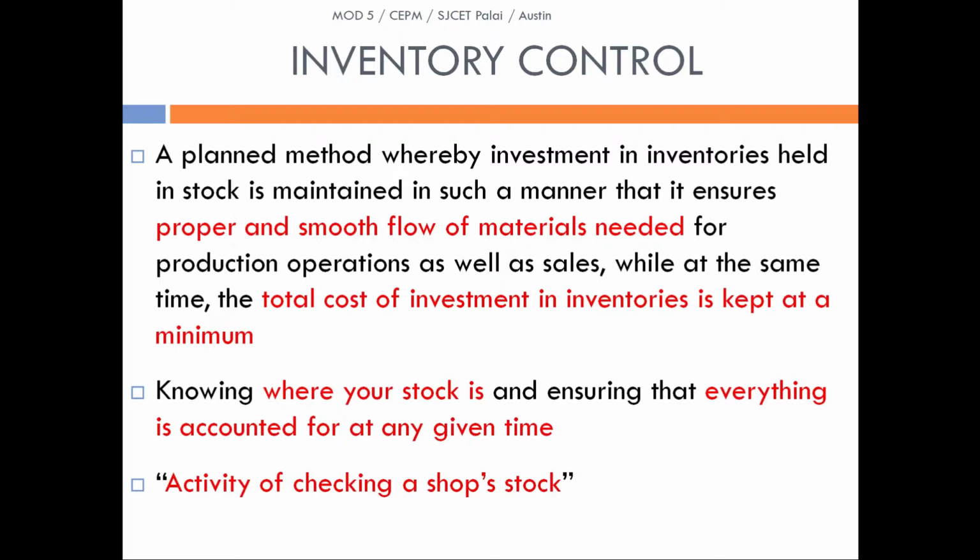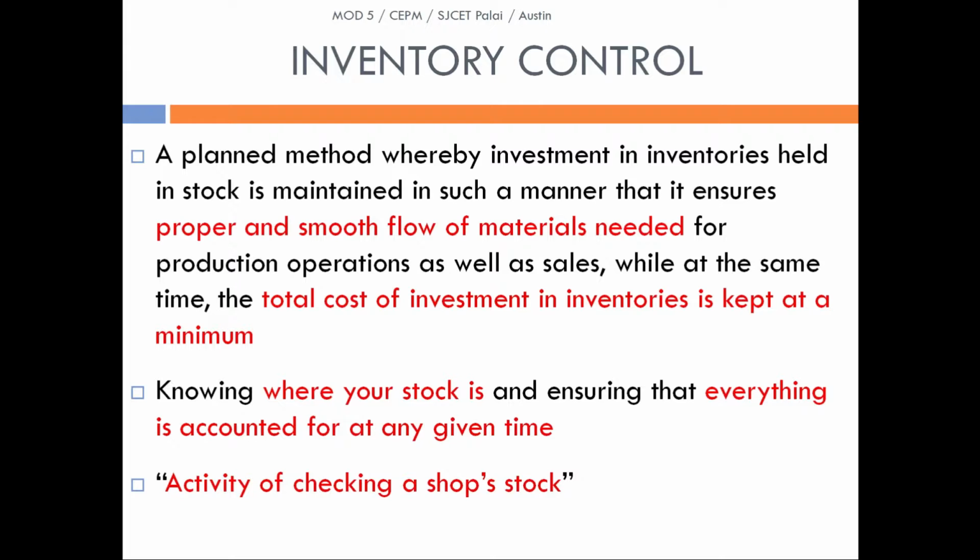There should be a proper and uniform flow of materials throughout the processing unit. For that, proper inventory control should be maintained by the company. At the same time, they should ensure that the investment the company provides for keeping these inventories is not very high. It should be kept at a minimum.